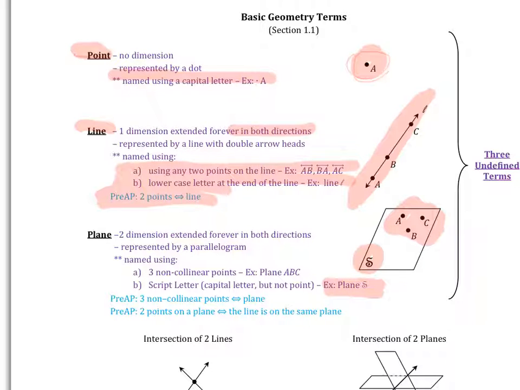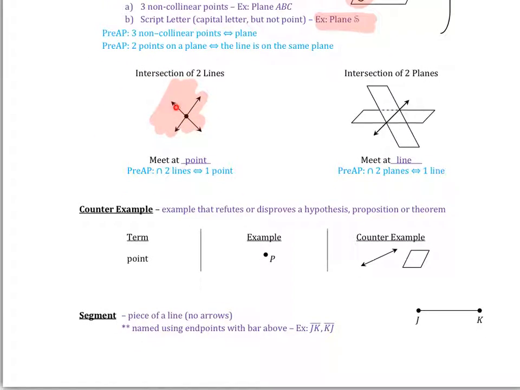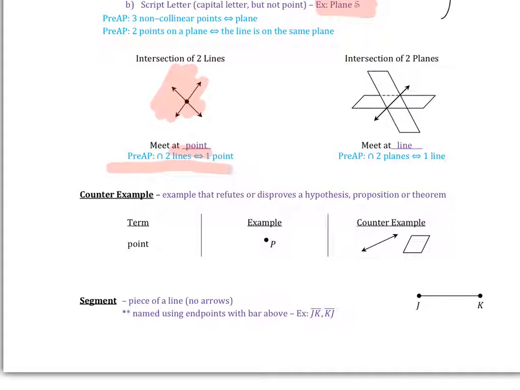Okay, next we have the intersection of 2 lines, which would be a point. The intersection is written with an upside down U. The intersection of 2 lines is a point.